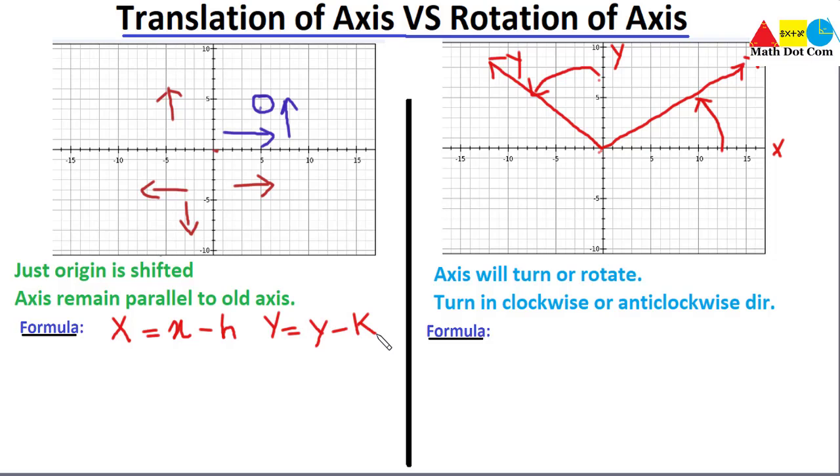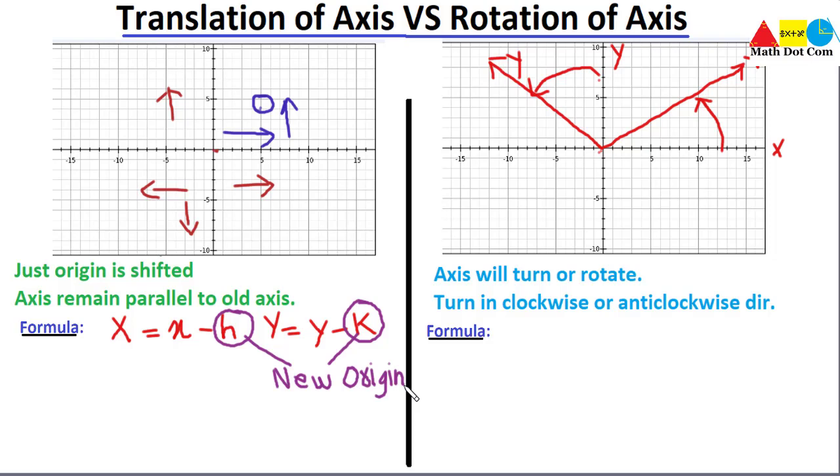Now let's understand the x, h, y and k in this formula. Keep in mind that h and k are the new origin after translation of axis. So this is the new origin, h and k. Capital X and capital Y are the new xy coordinates after the translation of axis.